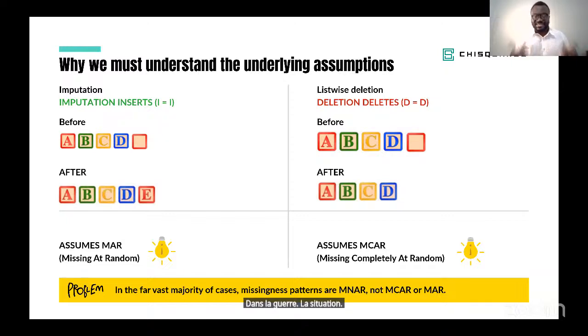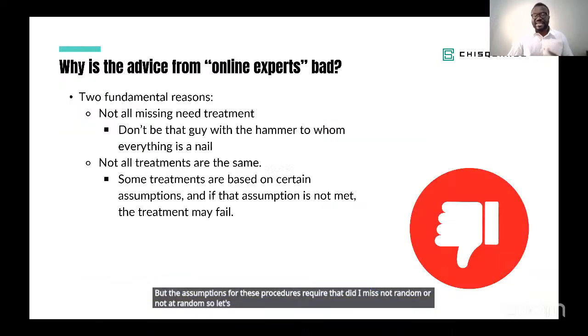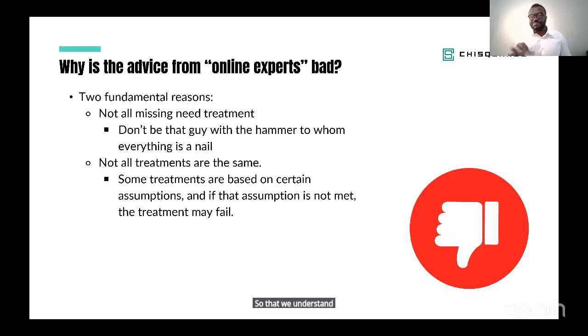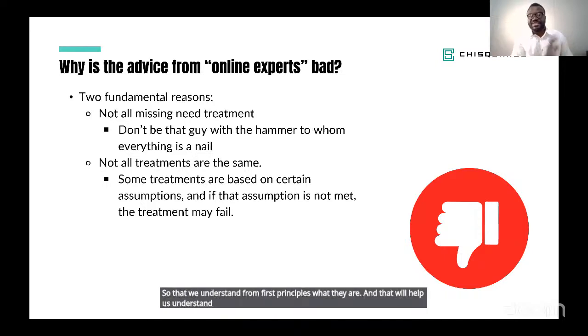But the assumptions for these procedures require that the data are missing at random or completely at random. So to understand this better, we're going to take a minute to explain what those terms mean, so that we understand from first principles what they are. That will help us understand why those approaches are really bad and why we should avoid them.